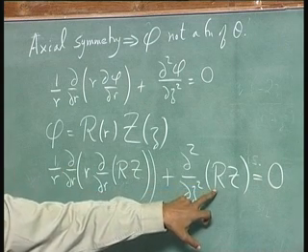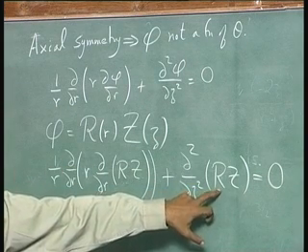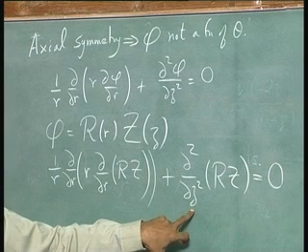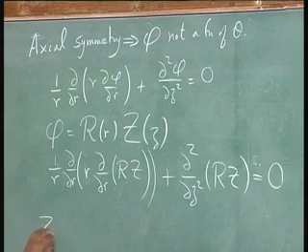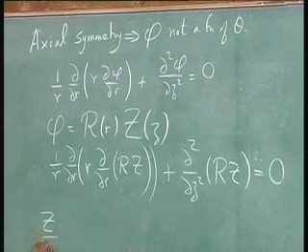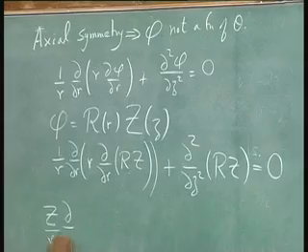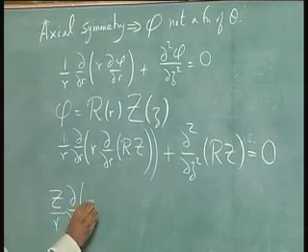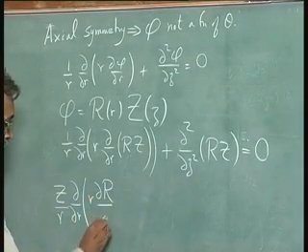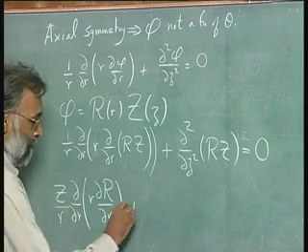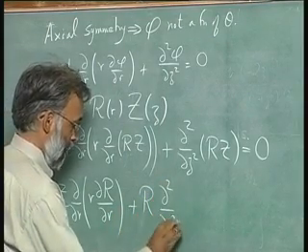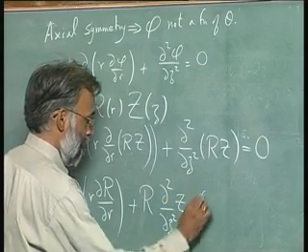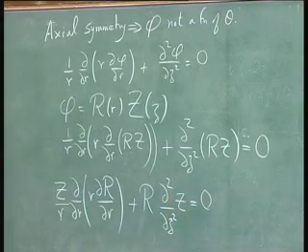Capital R is a function of small r only. Derivative is with respect to z. So, this capital R can be pulled out. So, I will do that and I get capital Z divided by r del del r of r del capital R del r plus capital R del square del z squared capital Z is equal to 0.